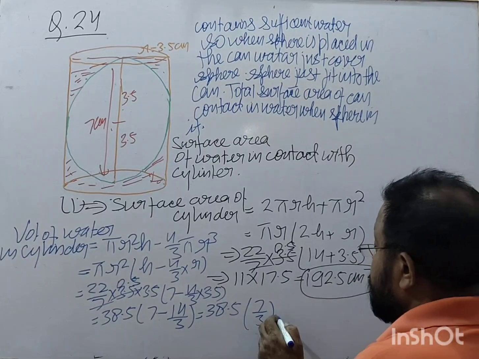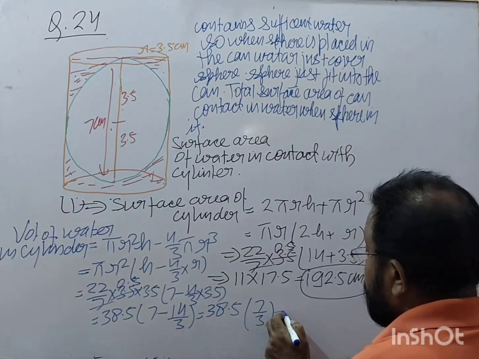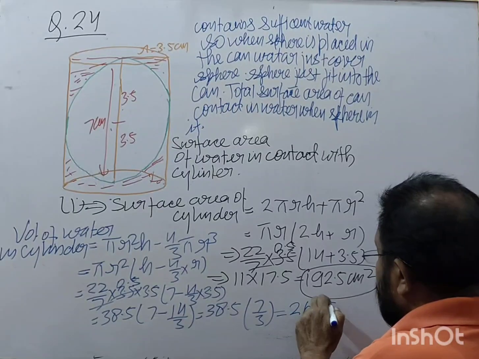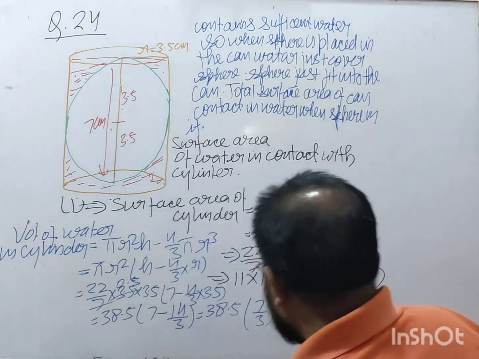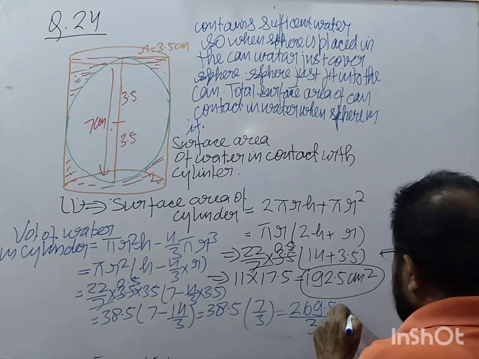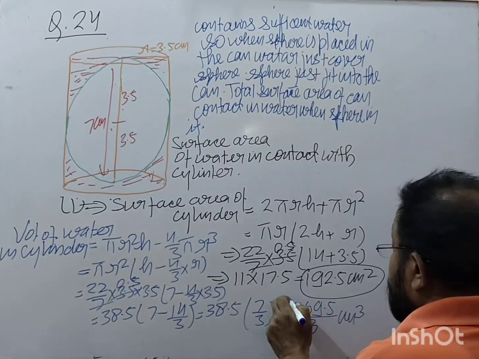So that is 269.5 upon 3 centimeter cube, right?